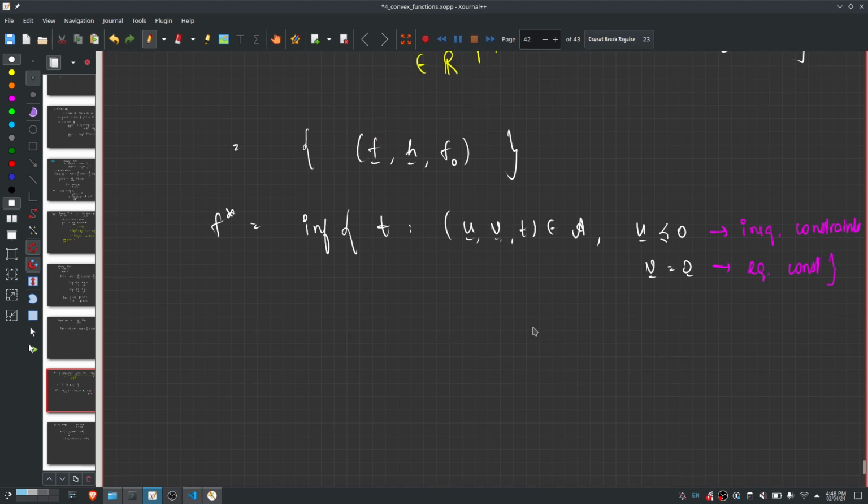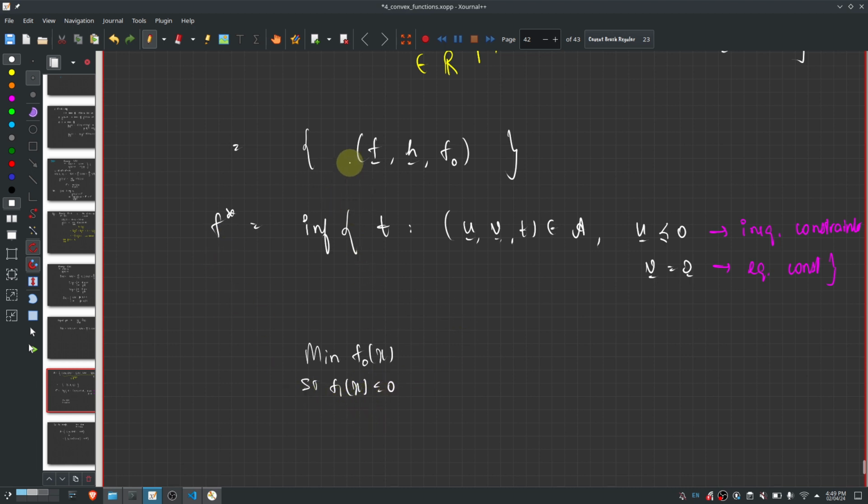So if you had a function of one variable with one inequality constraint, then what would f star be equal to? Suppose you had a minimization problem, minimum f0 of x subject to f1 of x less than or equal to 0.